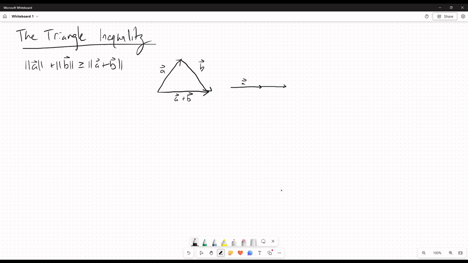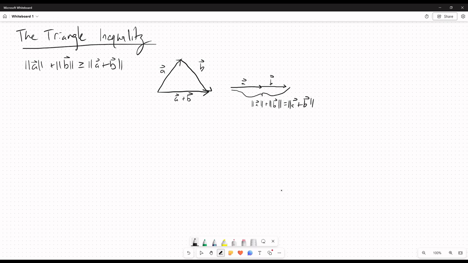So if this is A and this is B, then the norm of A plus B is exactly the same as the norm of A plus the norm of B. So they're the same thing. But yes, so we have this inequality.